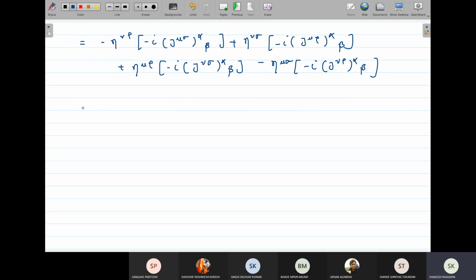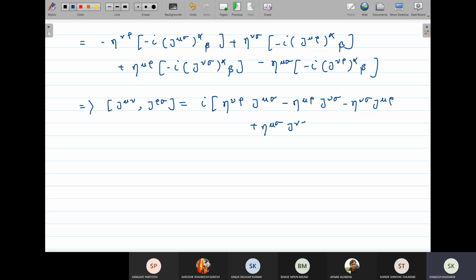Okay, so now if you throw away these indices, and you want to write the general commutator j mu nu with j rho sigma, then this expression will be i times eta nu rho j mu sigma minus eta mu rho j nu sigma minus eta nu sigma j mu rho plus eta mu sigma j nu rho.